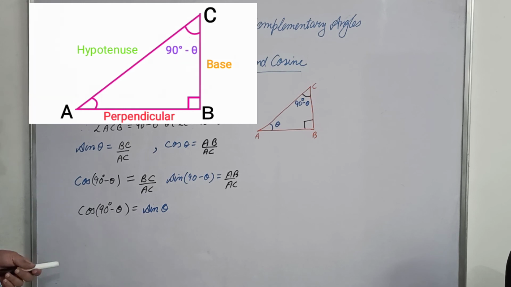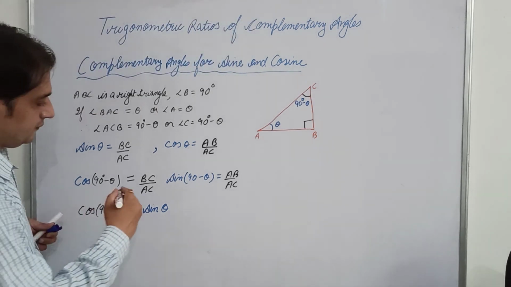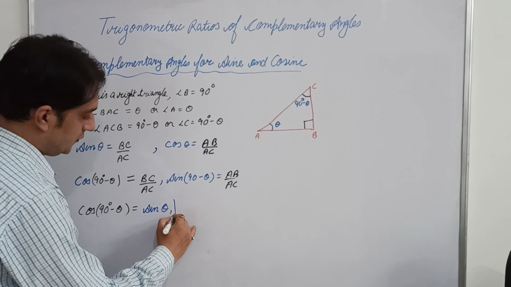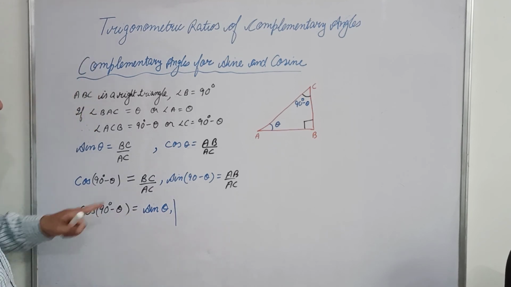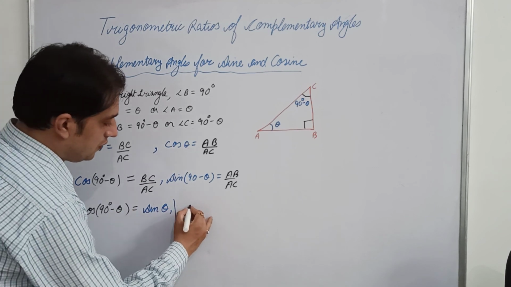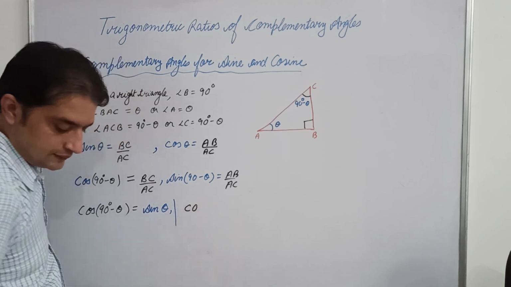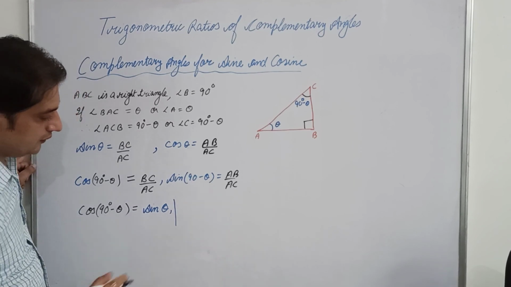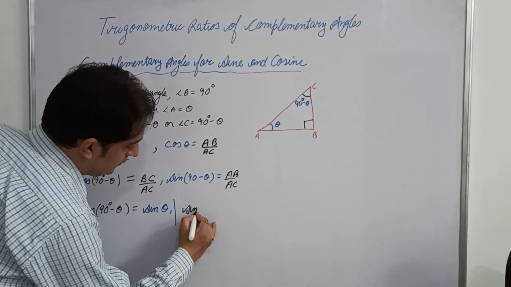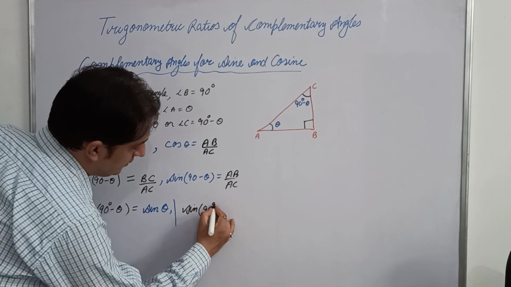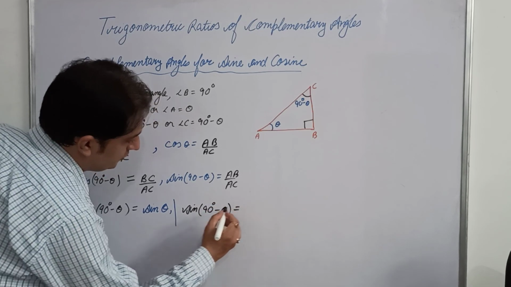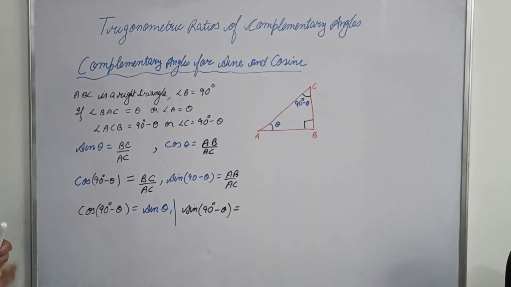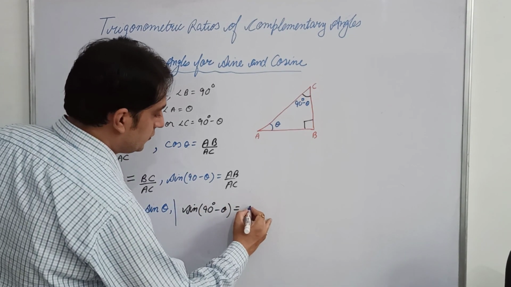From this you can see again the two T ratios are equal: sine 90 minus theta is equal to cos theta.